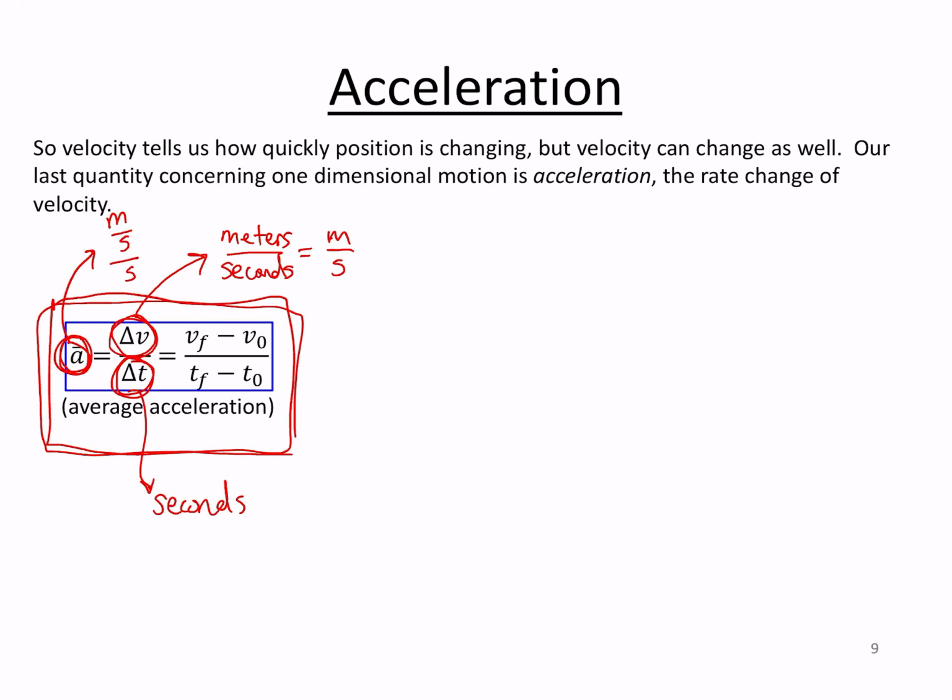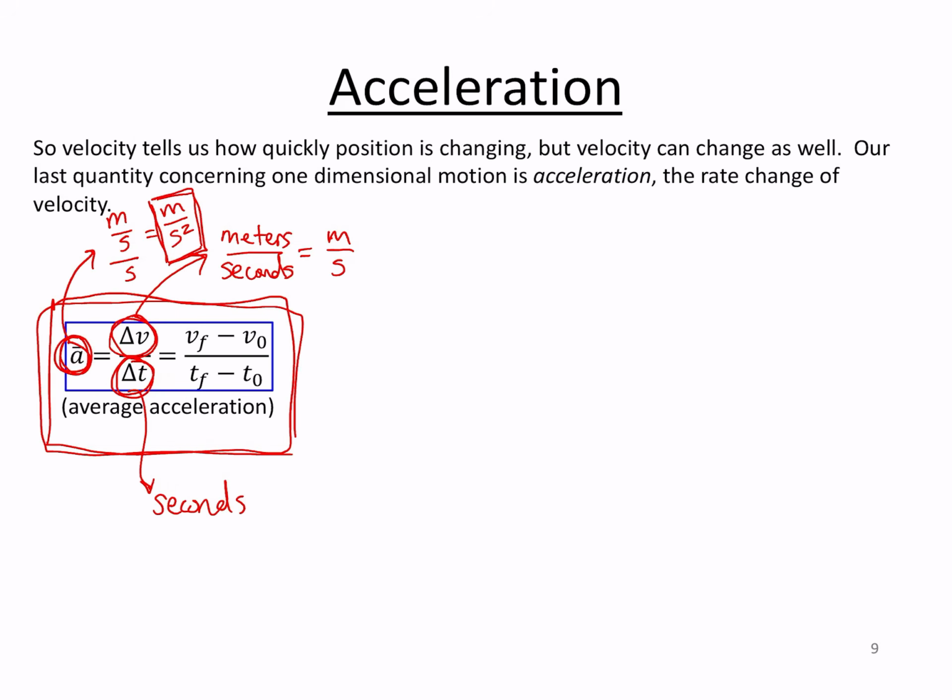But you can see meters per second is velocity over seconds, delta t, our period of time. So if you do a little bit of algebra there, this is usually said as meters per second squared. So meters per second squared is the standard unit of acceleration.